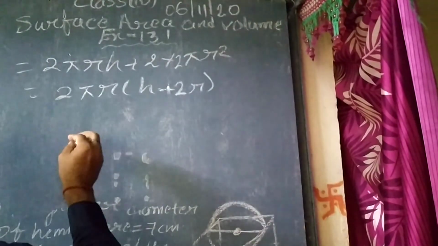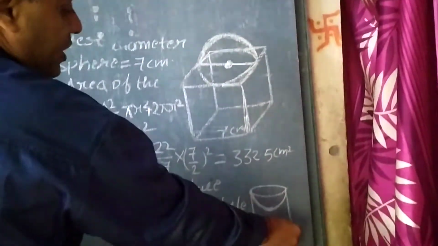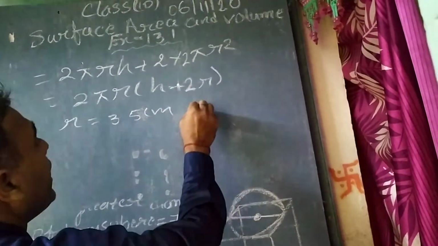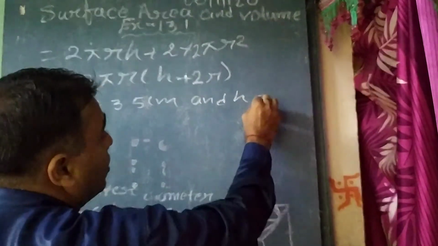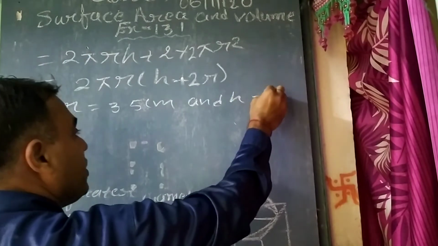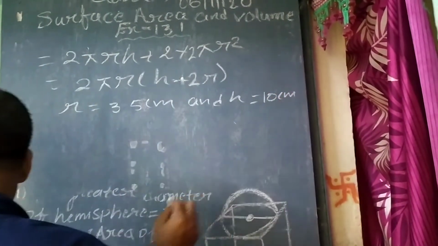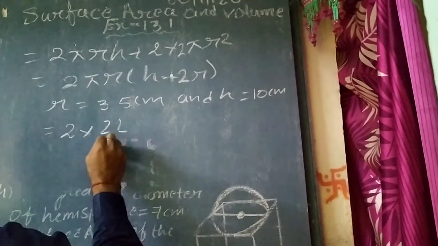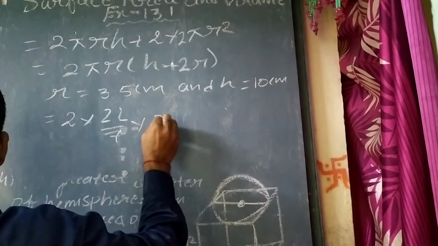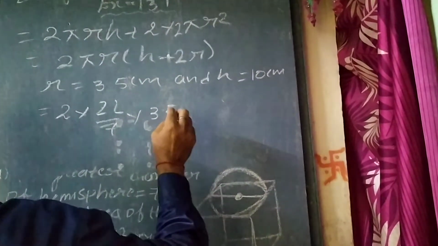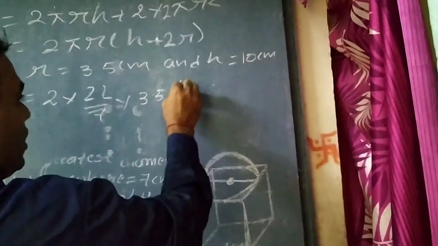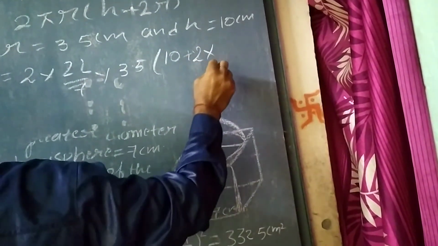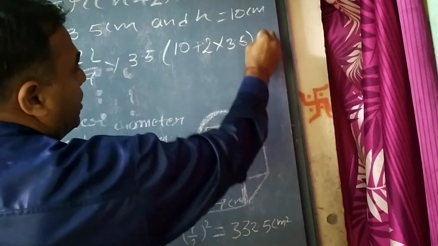Then we put the values. r is given, r is 3.5 centimeter, and height h is 10 centimeter, as given in the book. So we get 2 into 22 by 7 into 3.5, into bracket 10 plus 2 into 3.5 centimeter square.